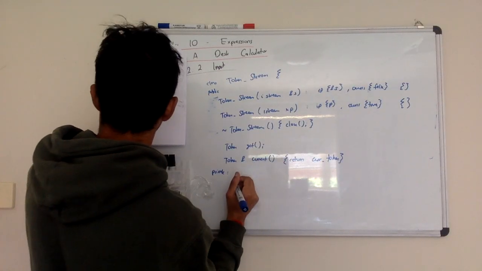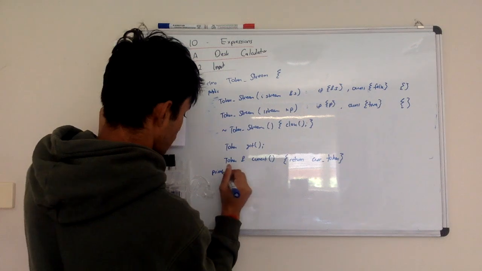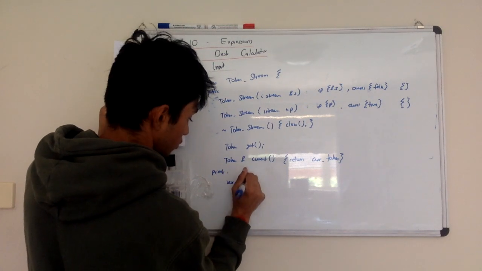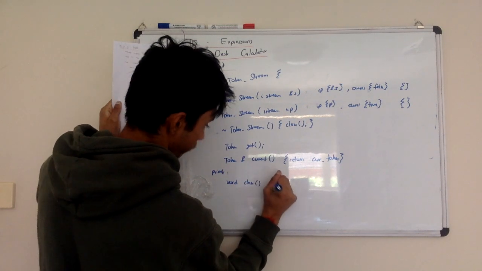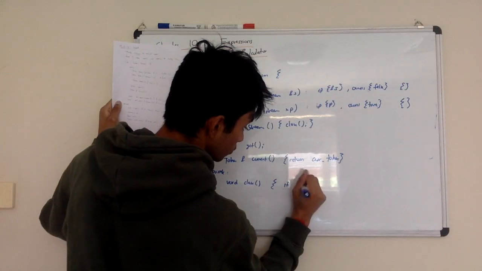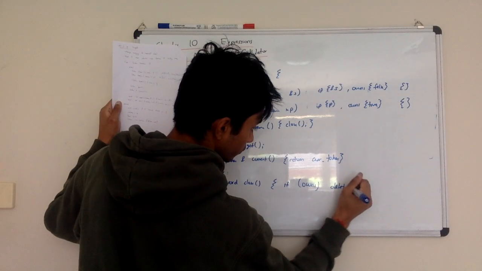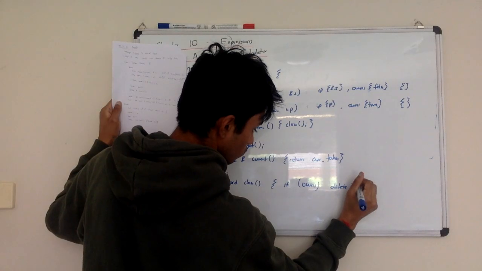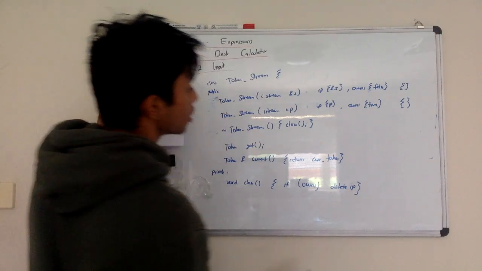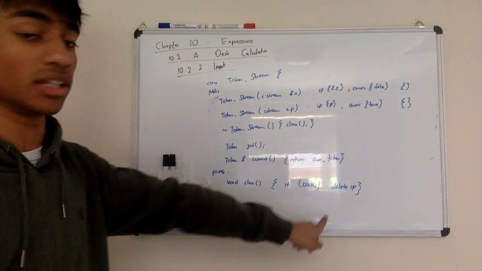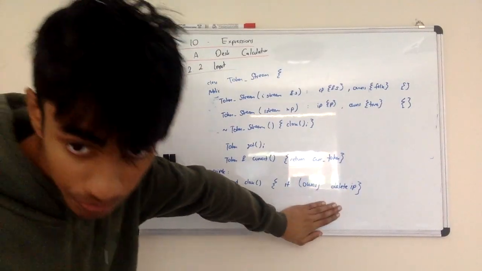So void close. This is my body. If owns, then delete IP. Okay. So again, this delete keyword we haven't really talked about yet.